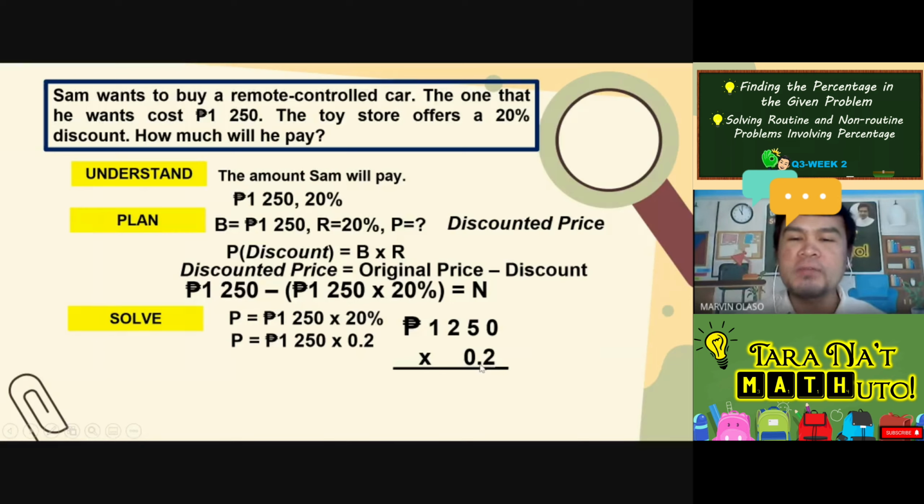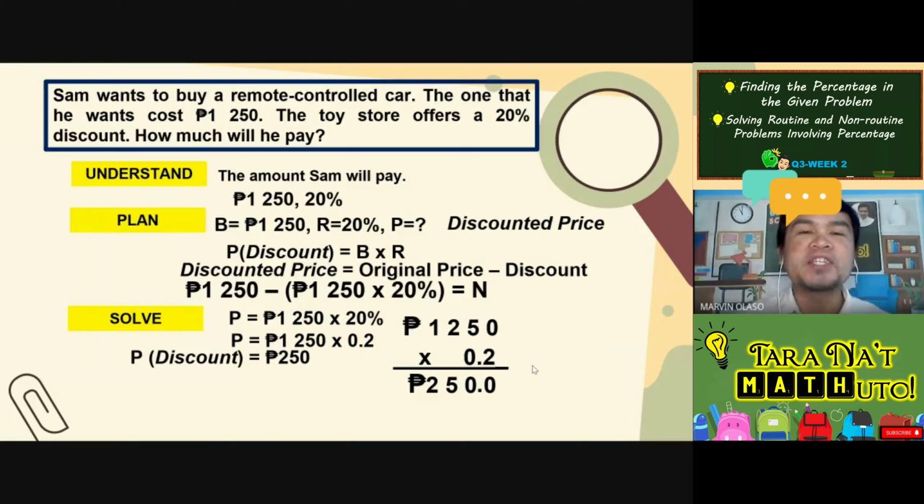Again, ignore the decimal point. What is 1,250 times 2? We have 2,500. Then put the decimal point, one decimal place, and we now have 250 pesos.